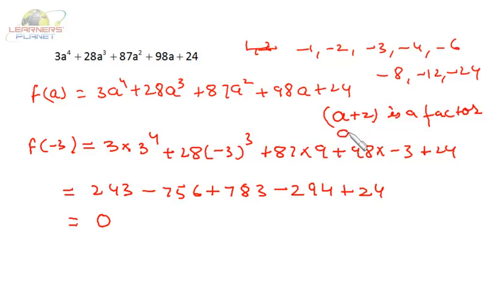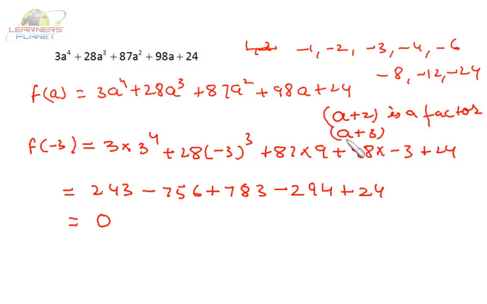So a + 2 is a factor. Similarly, a + 3 is a factor. Now, same as the previous question, since the coefficient of a^4 is not 1 but 3, in the remaining factors there are chances that the coefficient of a will be greater than 1. So further, repeat the process as we did in the previous question.